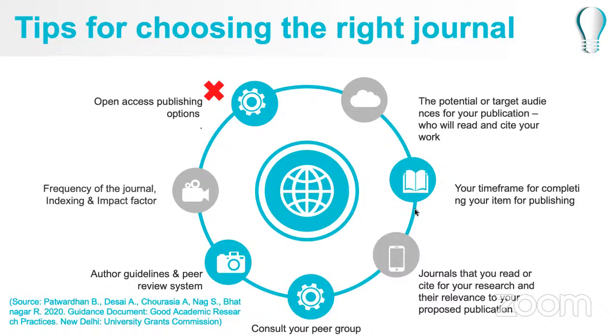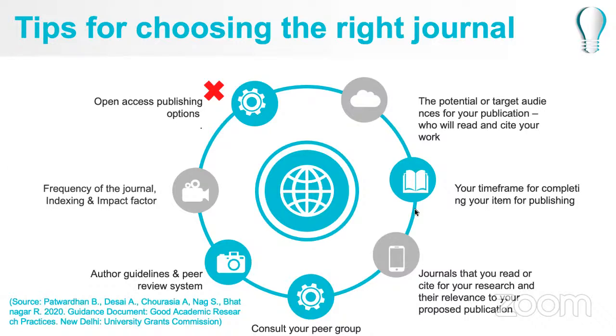There might be, for example, 10-20 good journals in your own discipline. You may be reading 5-6 journals which you like to read and cite in your research. Say, for example, in one research study you have cited many research articles from the same journal. That means the same journal has the same scope as yours, right?